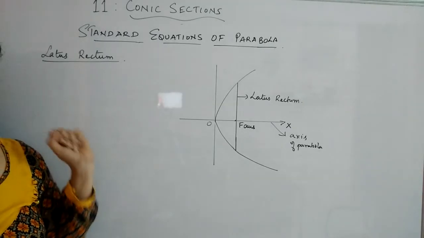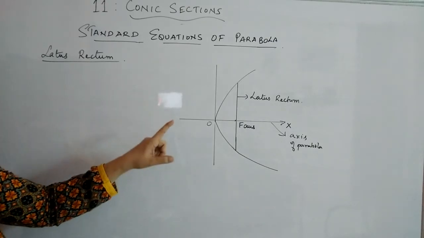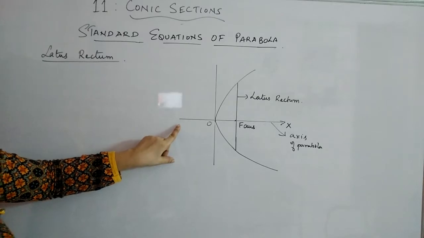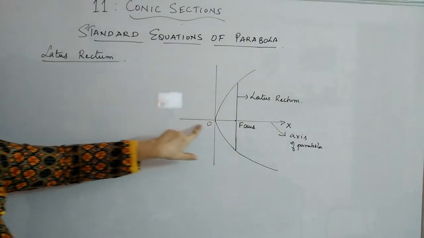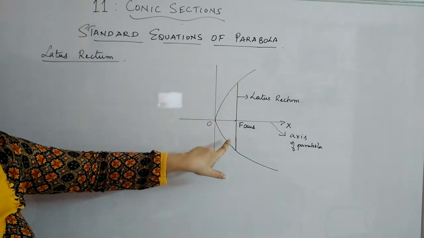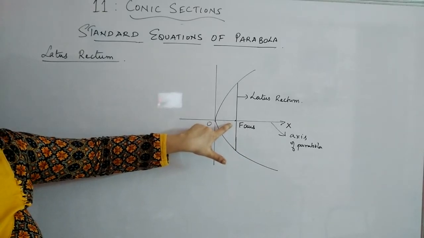Now the next thing is latus rectum. What do you mean by latus rectum? It is a line segment which is perpendicular to the axis of the parabola, the axis of symmetry. This is the axis of symmetry for this parabola, and the latus rectum is perpendicular to it, and it should pass through the focus.